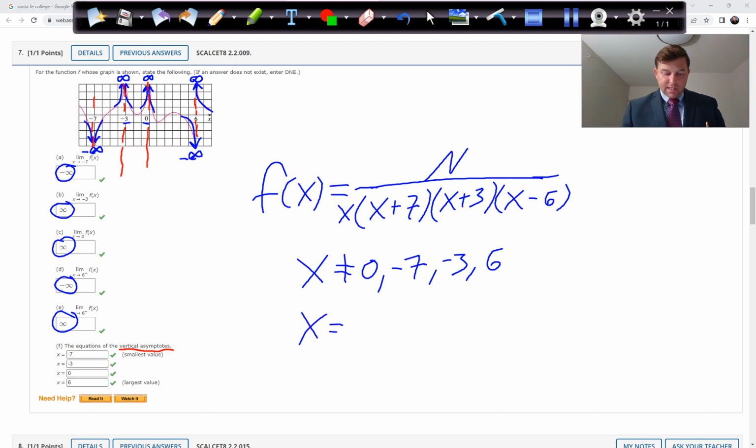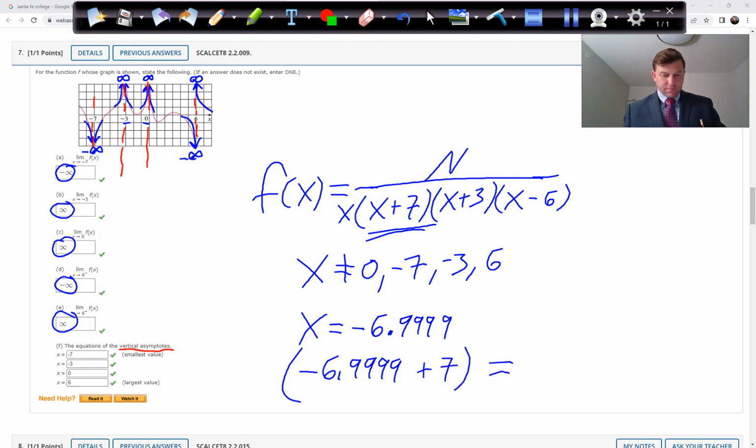If you picked x equal to minus 6.9999, then this bubble right here would become minus 6.9999 plus 7, which would equal 0.0001, a really small number.